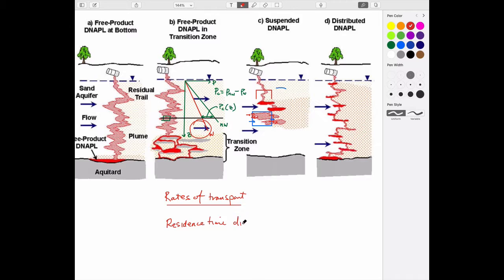And those are relatively straightforward ideas.